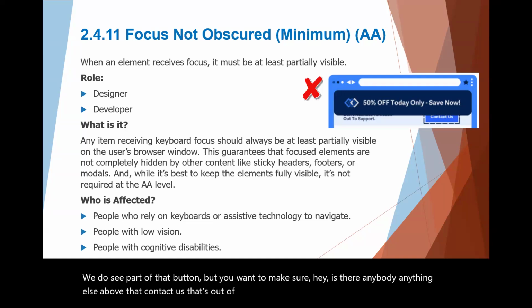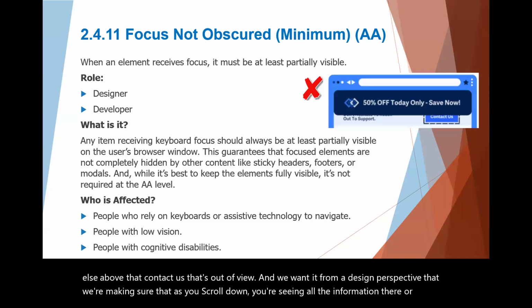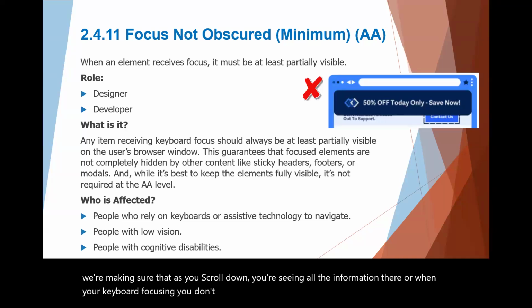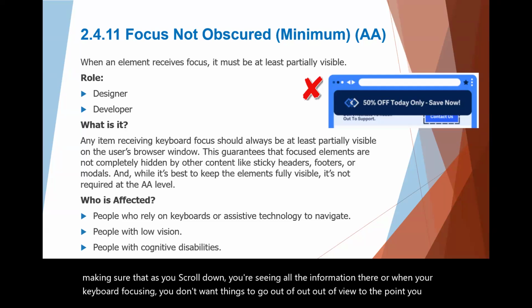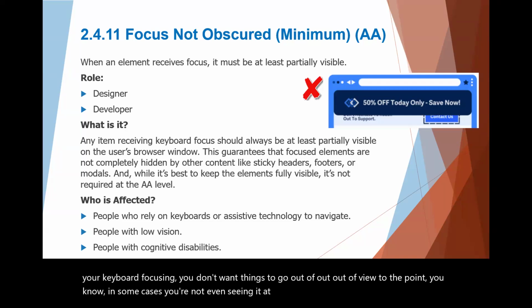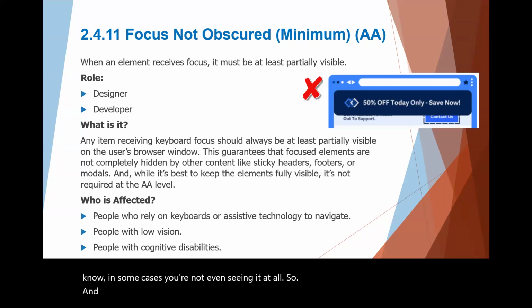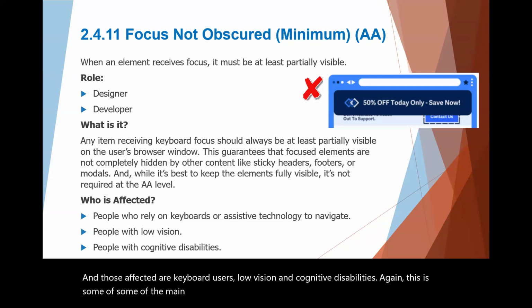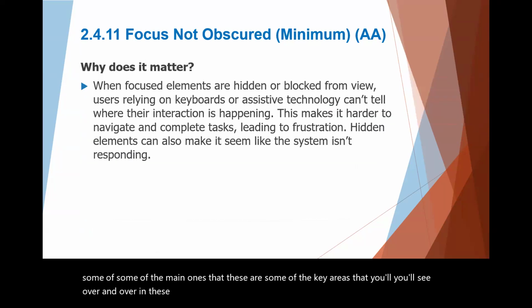From a design perspective, we want to make sure that as you scroll down, you're seeing all the information there, or when you're keyboard focusing, you don't want things to go out of view to the point, in some cases, where you're not even seeing it at all. Those affected are keyboard users, low vision, and cognitive disabilities. Again, these are some of the key areas that you'll see over and over in these guidelines.